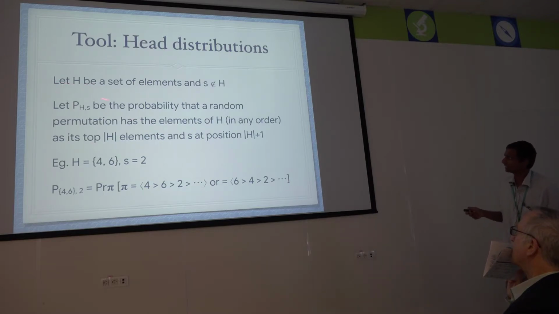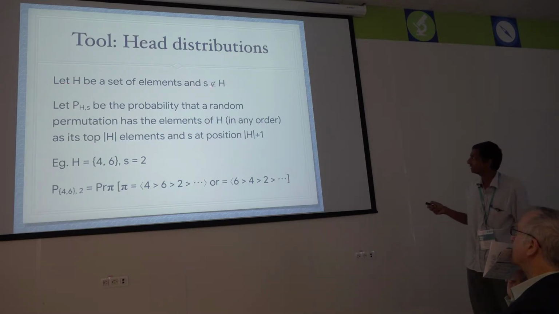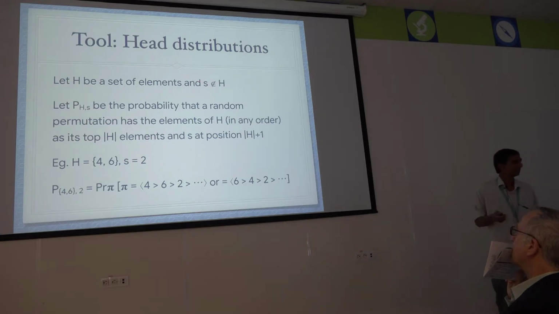You're given a set, say H, of elements, and let some element S not belong to H. Let P_H,S be the probability that a random permutation has the elements of H in any order as a prefix, followed by S at position |H| plus 1. Here's an example. The subset H is {4, 6}, and the element S is 2.